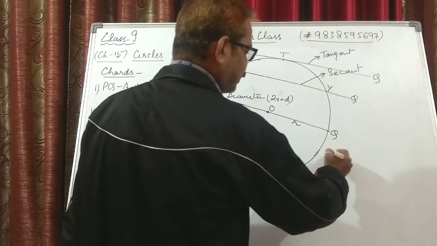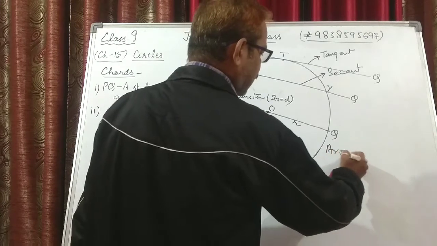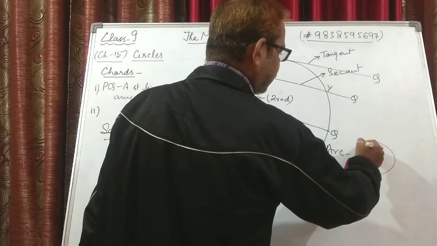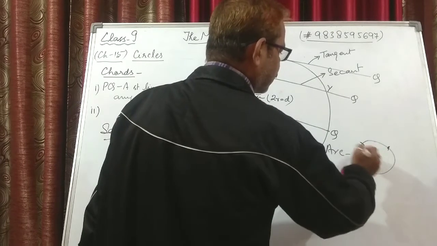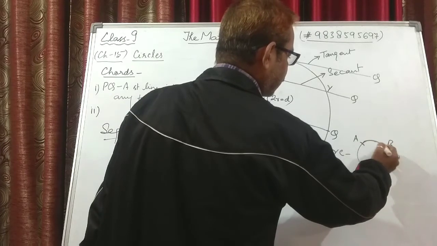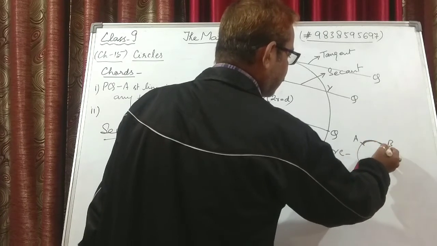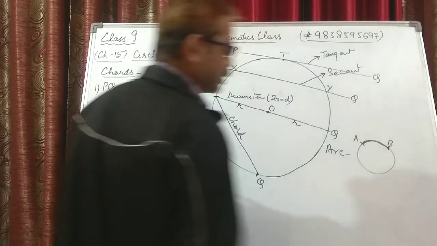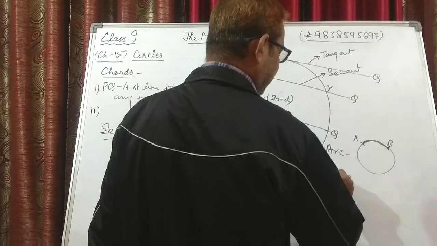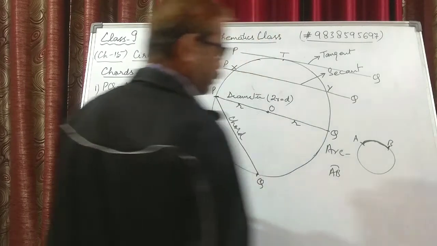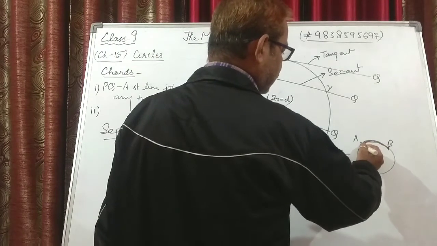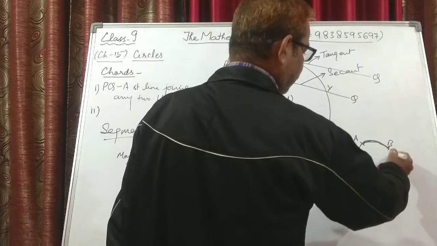Now similarly we will talk about arc. What is the arc? Suppose this is a circle, arc is a continuous piece of a circle. Let us say AB. AB is this much of the circle, a continuous piece of circle. So AB will be considered as arc and we write it as arc AB. Now this is one arc AB and another arc is this one, the bigger part.